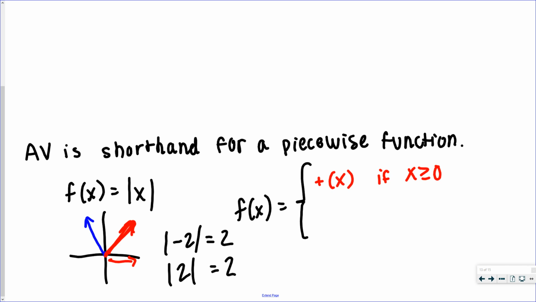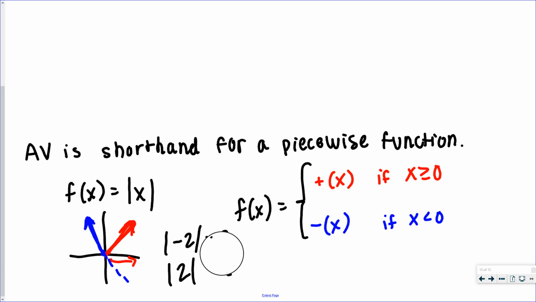If we plug in negative values, now we still get out positive values, but think what the equation of this line would be. That piece of it would be negative x.